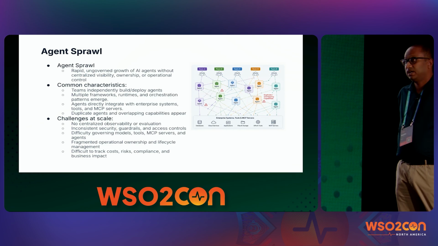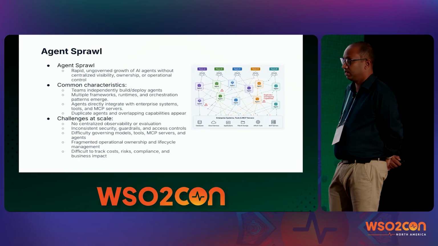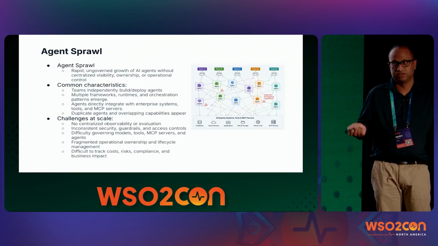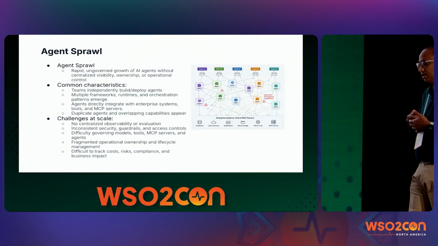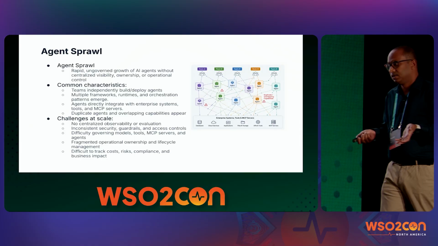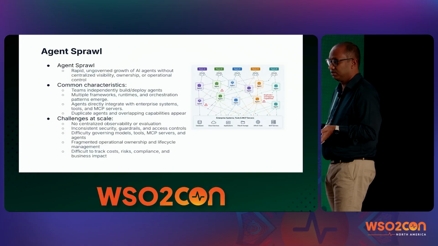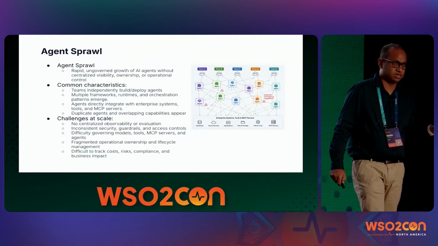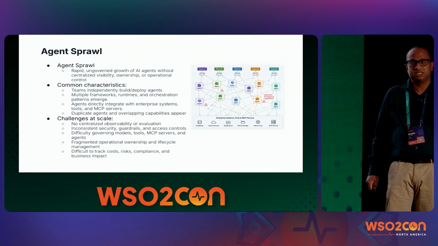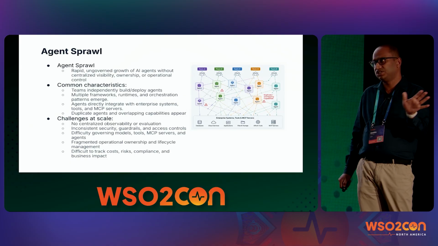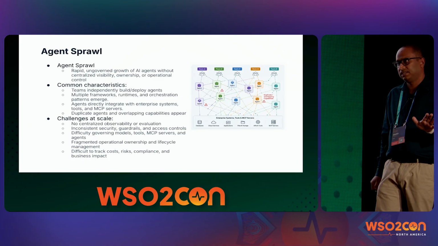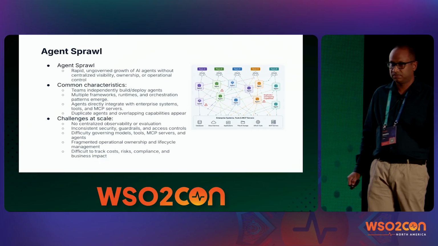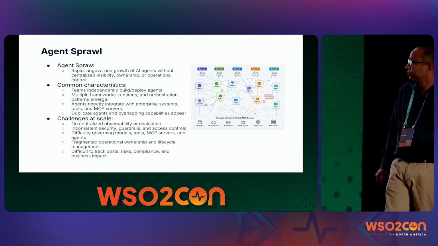This is in fact happening in WSO2 as well. We have multiple teams using multiple different frameworks. In fact, in WSO2, we have 5 different groups building agents in different areas: HR, customer success, sales engineers. Some of these we have taken to production, some are in the experiment stage.